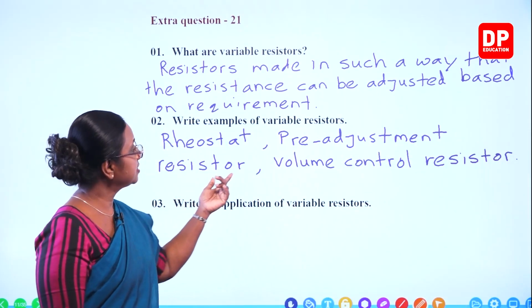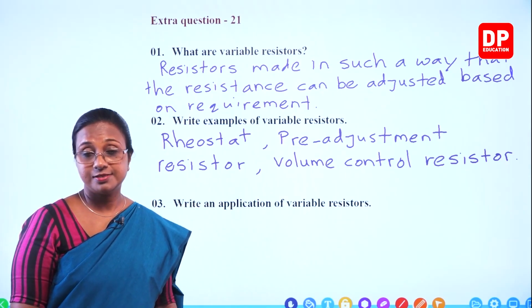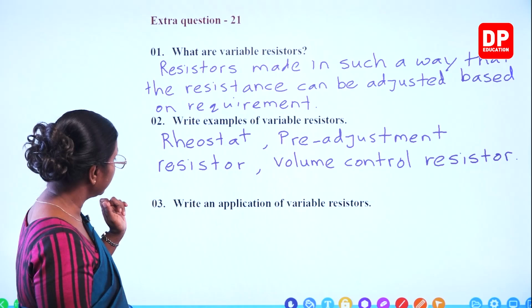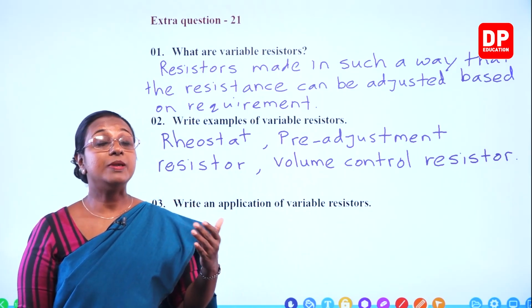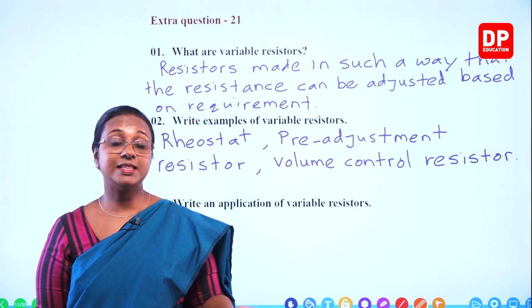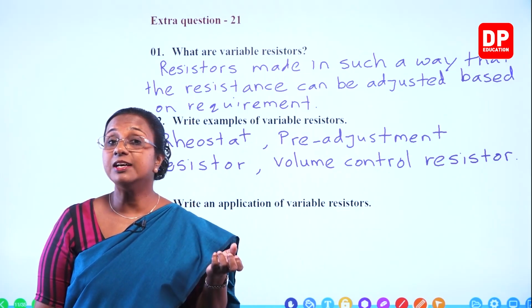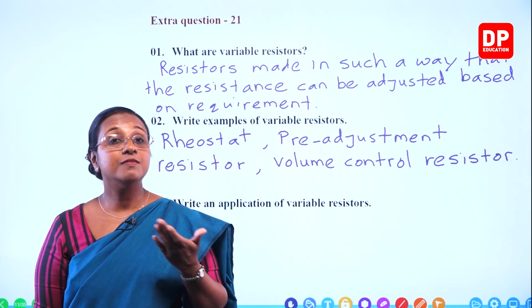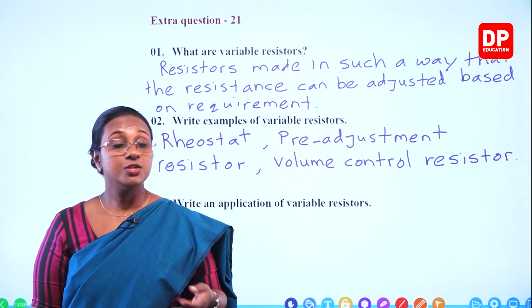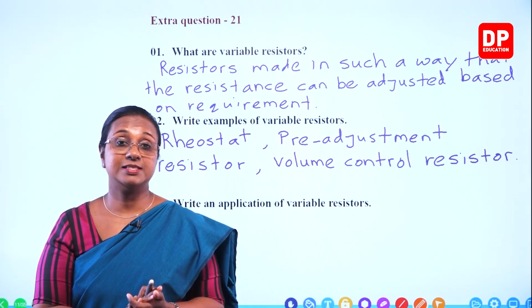So rheostat, pre-adjustment resistor and volume control resistor. Then the third one, write an application of variable resistors. Now we have used variable resistors in the lab when we try to verify Ohm's law to identify the relationship between potential difference and current. We use the rheostat. So in laboratory activities you can use the variable resistor.